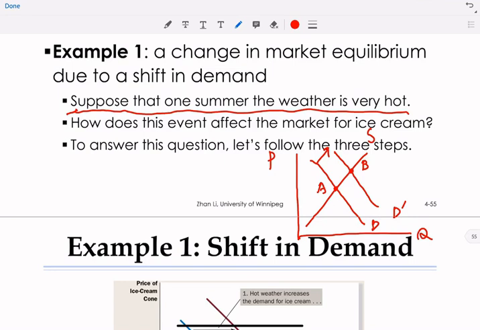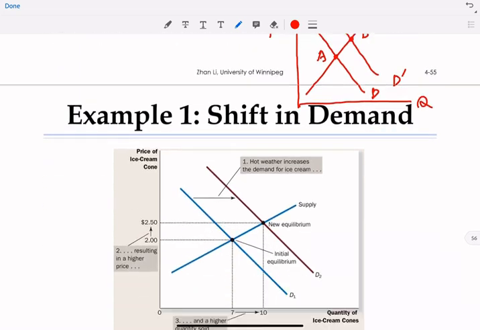This does make sense, right? If the weather is so hot, the price of ice cream cones should increase, and people consume more ice cream cones, so the quantity demanded should increase.